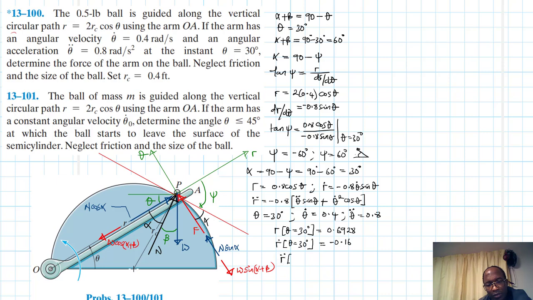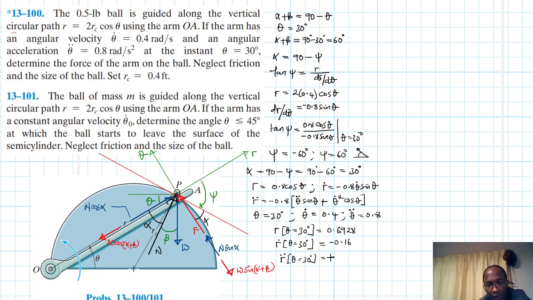Then r double dot at theta equal to 30 degrees is equal to 0.8 by 0.5 plus 0.4 squared cos 30 by 0.8.